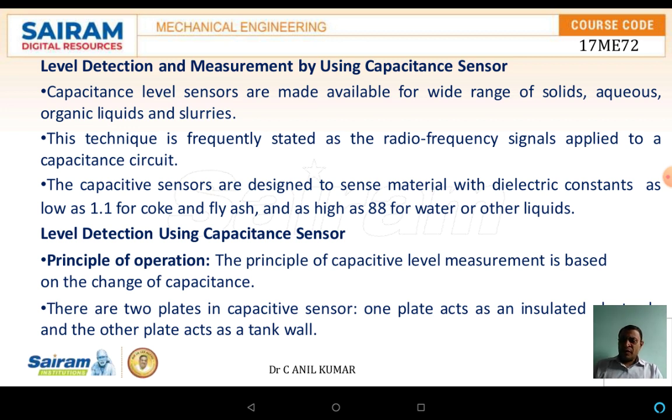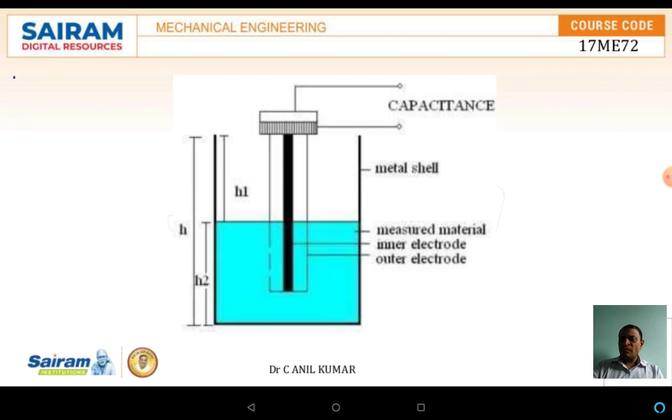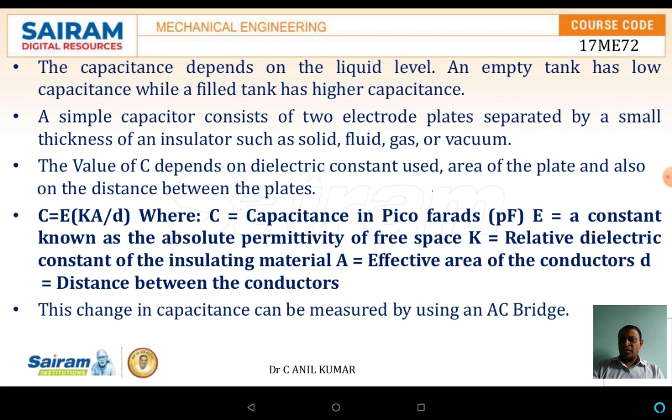The next level detection sensor is based on the capacitance type. The main principle is that the level is measured based on the change in capacitance. There are two plates in the capacitance sensor: one plate acts as an insulator, and the other acts as the tank wall. The schematic diagram shows that the capacitance depends upon the liquid level.